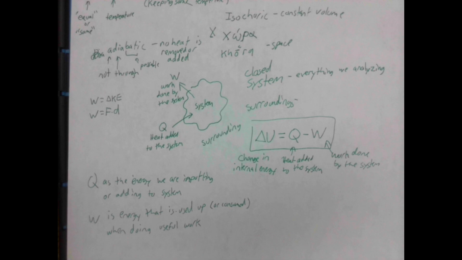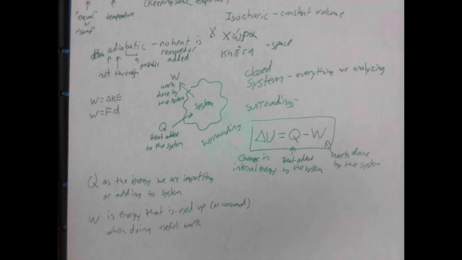So let's imagine a piston. Do you know how your car works? So we have a piston in here, and we have some gas here. What happens if this volume of gas doesn't change? What does the piston do? What'd you say?